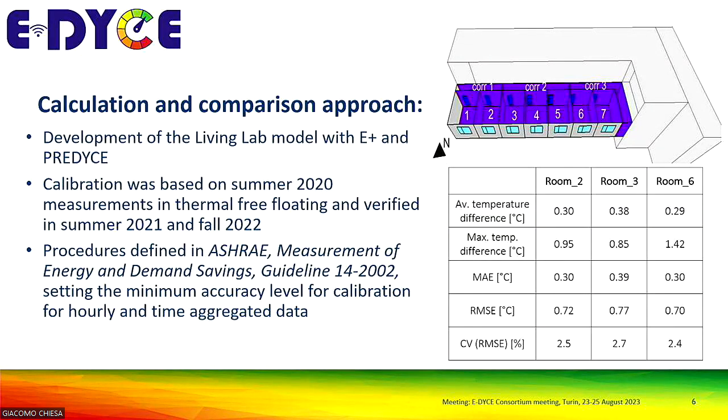We define for a building thermal free floating and for hourly data a coefficient variation of the root mean square error not higher than 30%. And you can see here in the last line that we were on the safe side of this accuracy by almost a factor 10.